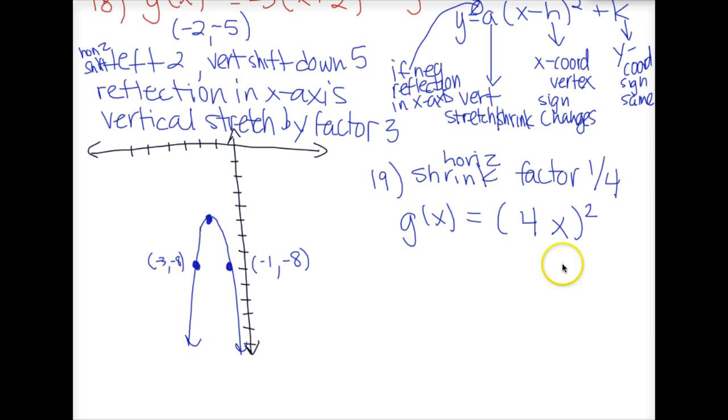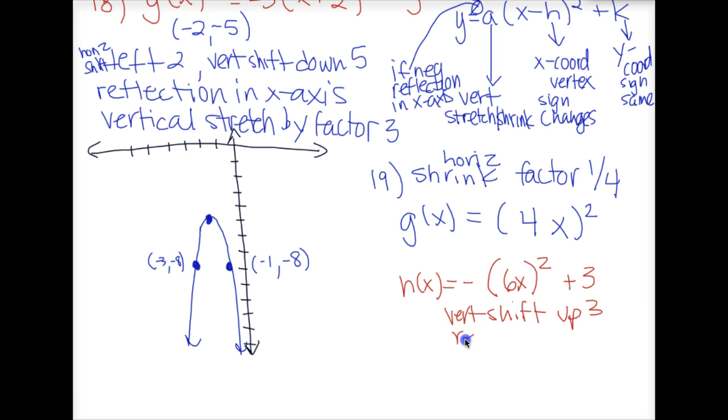So for instance, if I had given you this equation and asked you to describe the transformation, and let's just say h of x equals this, describing the transformation, I would say, first of all, it has a vertical shift up 3.